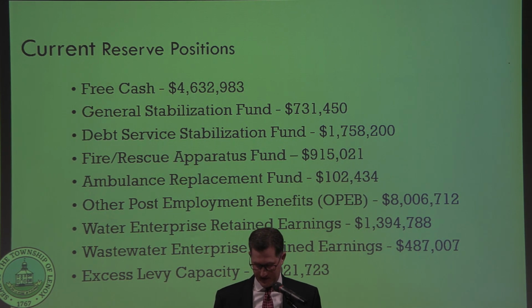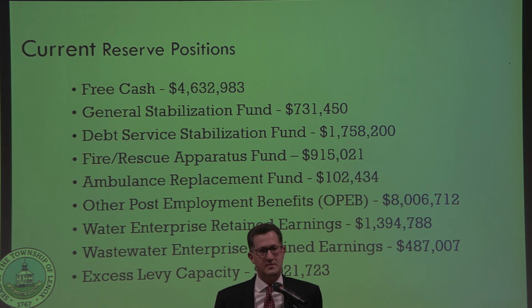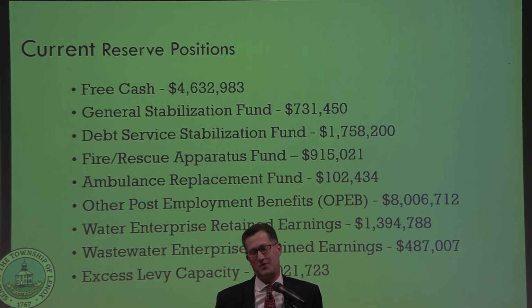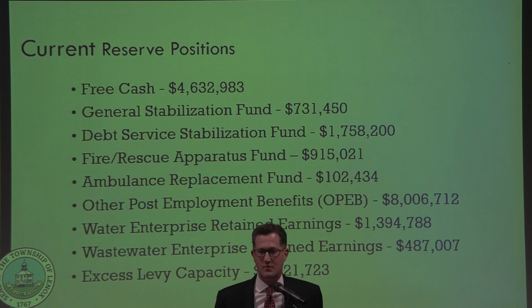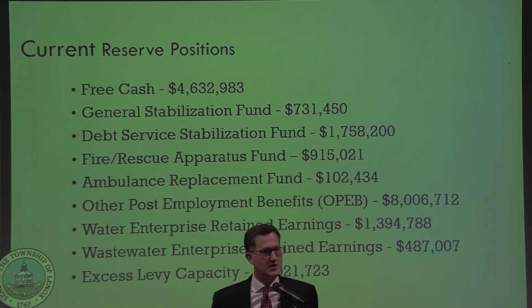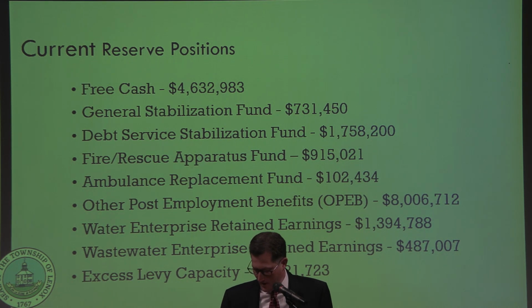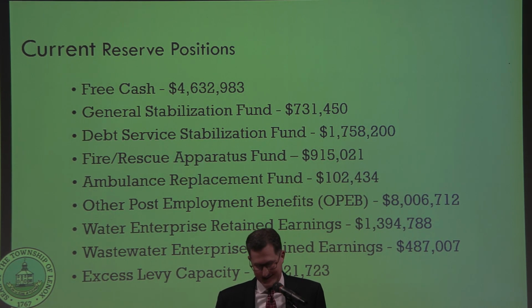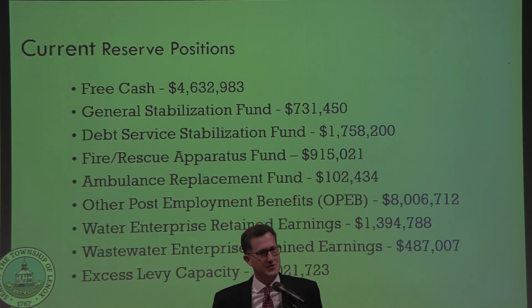Other post-employment benefits. This truly is unique to Lenox. We have just over $8 million in our OPEB trust. This goes to fund the health insurance, primarily health insurance for retired teachers, firefighters, police officers, and town managers. The OPEB trust is something that a lot of communities don't do.